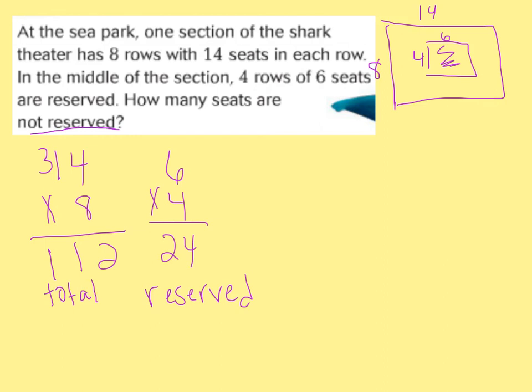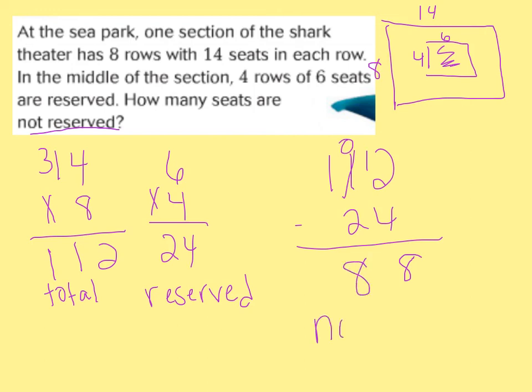So of 112 seats, if 24 are reserved, the remaining seats should be the not reserved seats. So we have 88 seats that are not reserved.